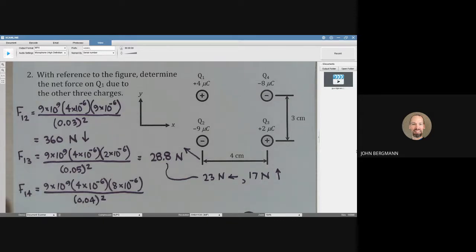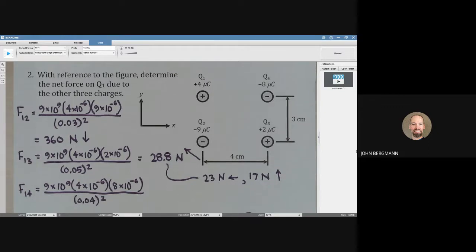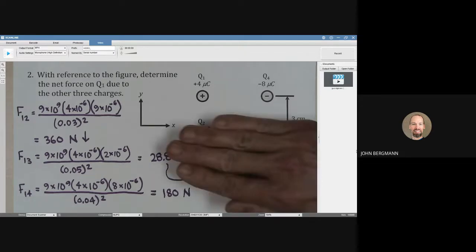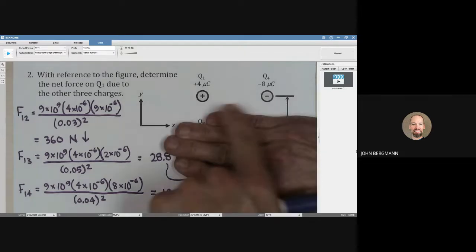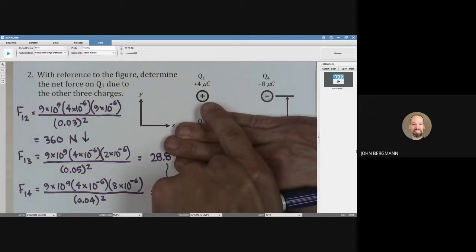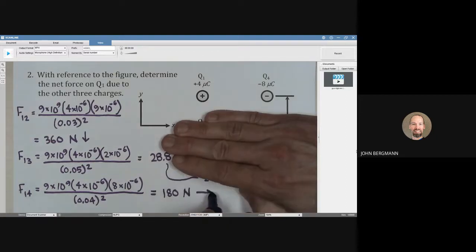Again, I'm leaving the units off to save time, and also because I checked them and I know that they're right. But whenever we write an answer, we never, ever, ever leave a unit off an answer. Whenever you hit equals on your calculator, you better write the unit that has. All right, charges 1 and 4, we can see that this is an attractive force, so it's going to pull charge 1 to the right.